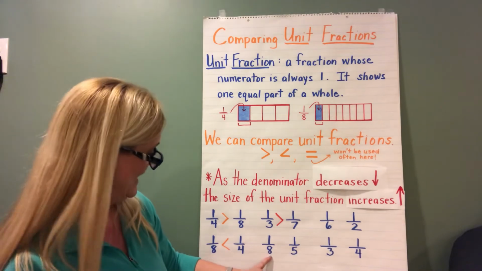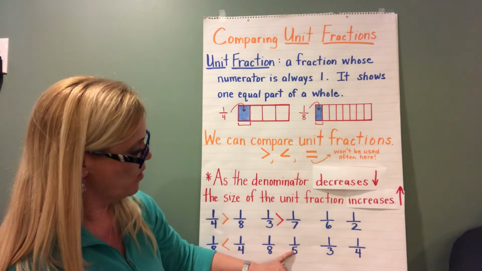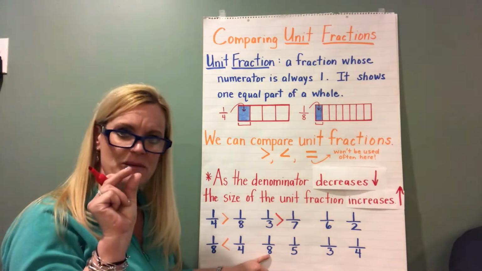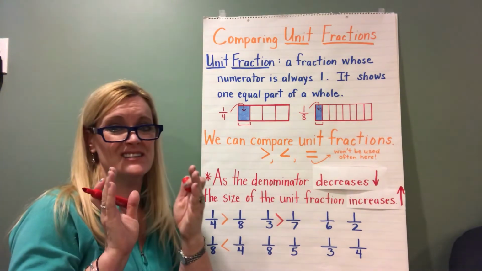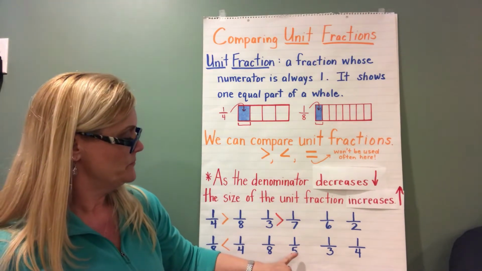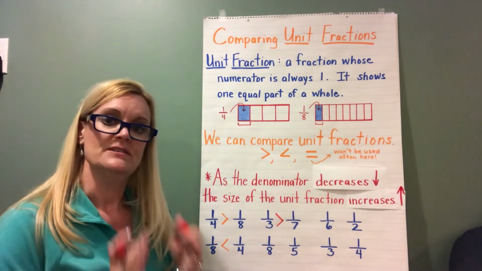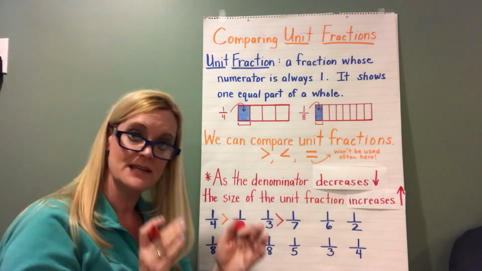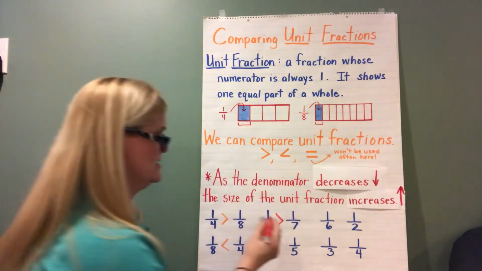Now I have 1/8 and I have 1/5. If I think about something that's cut into 8 pieces and I think about something that's cut into 5 pieces, the shape that's cut into 5 pieces will have the bigger pieces. So remember, the smaller the denominator, the bigger the piece.